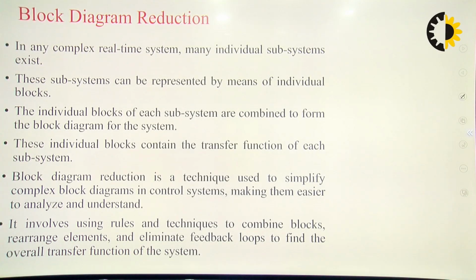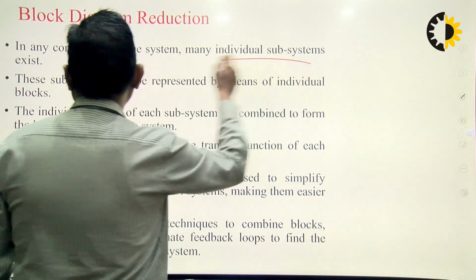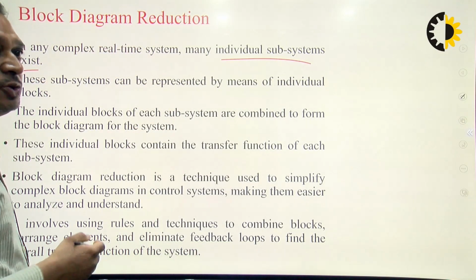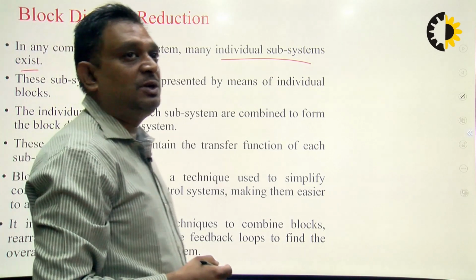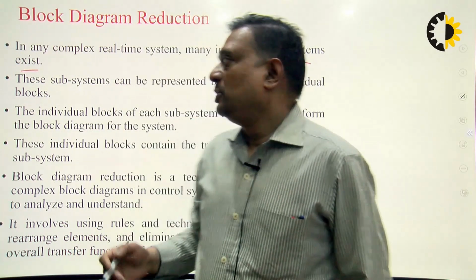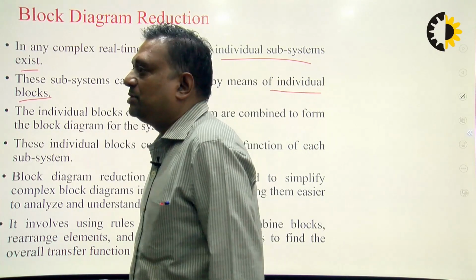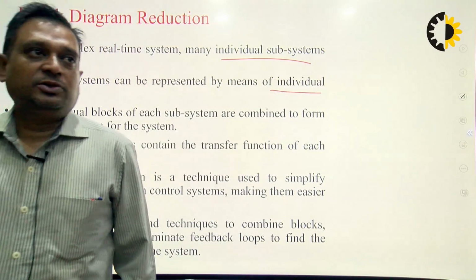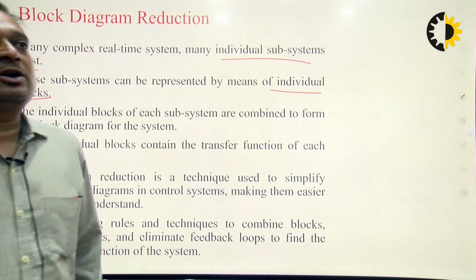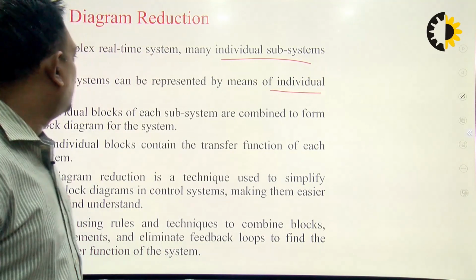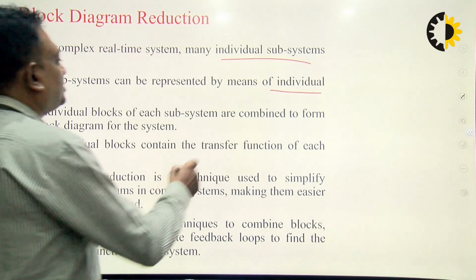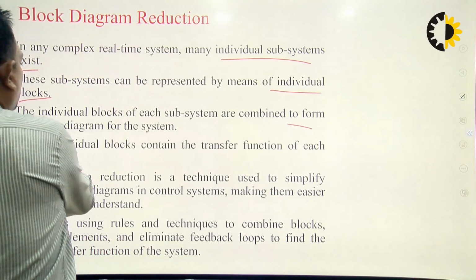In any complex real-time system, many individual subsystems exist, as I have already told you. These subsystems can be represented by individual blocks. Each and every subsystem is represented by a block, and each block has some transfer function. The individual blocks of each subsystem are combined to form the block diagram for the system.